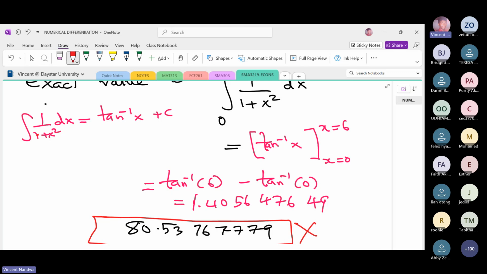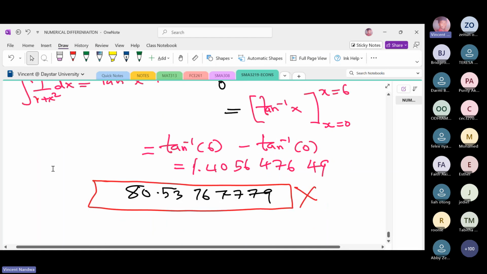The reason some people are likely to get 80.53 is because of the configuration they are using in their calculator.